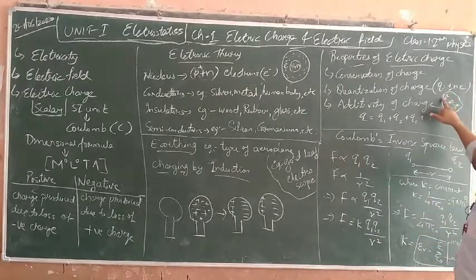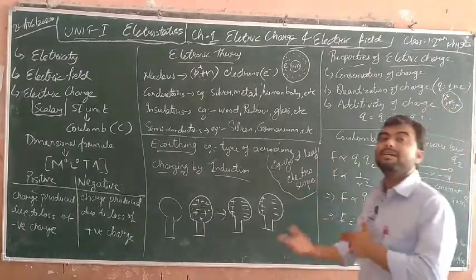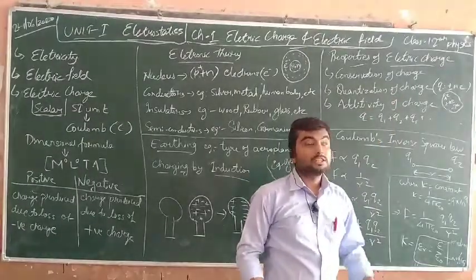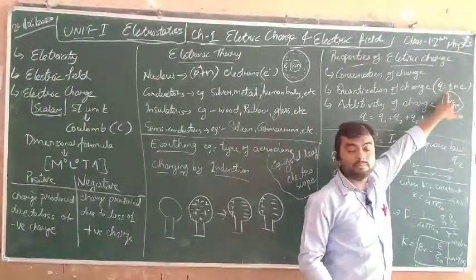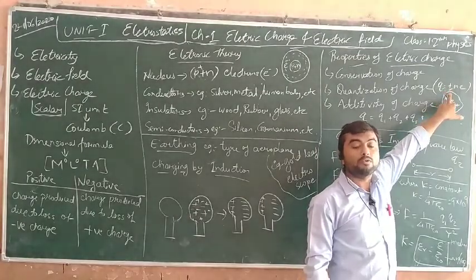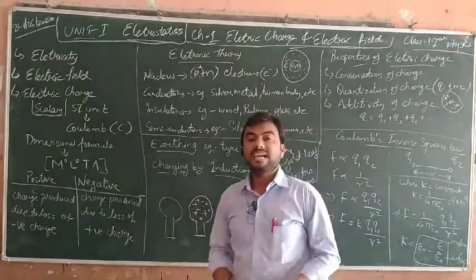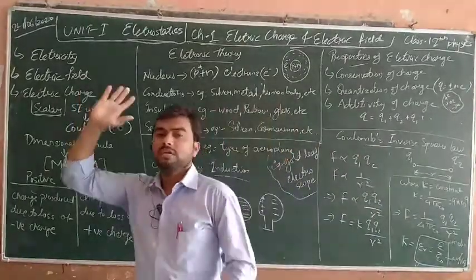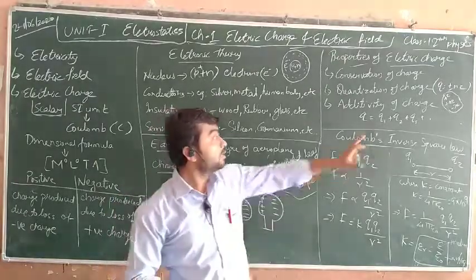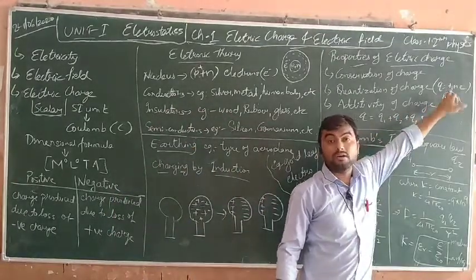All these plus and minus signs mean it is an algebraic sum of all the charges present inside the substance. We denote it by Q. Q equals plus minus n e, where n stands for any number 1, 2, 3, 4 up to infinity. Means when you add all those numbers algebraically, so I have written here plus minus.